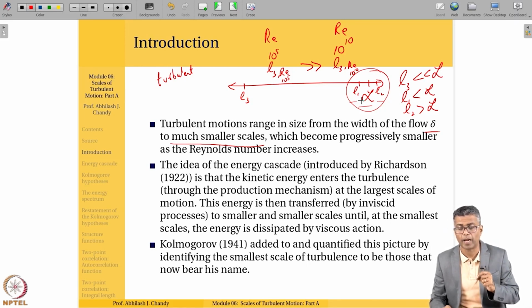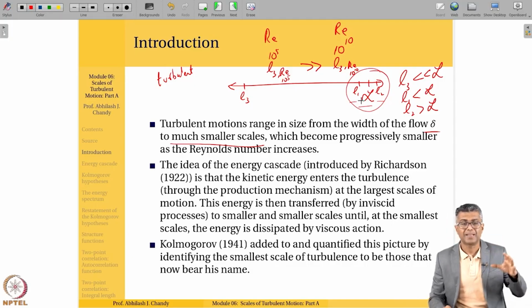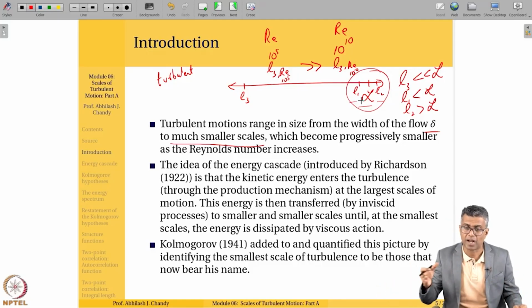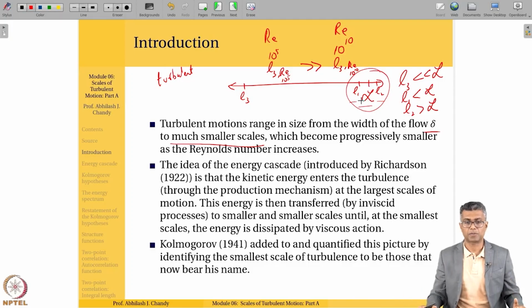And as a result, what happens? The energy gets transferred from the large scales to small scales, which break up into further smaller scales, and the energy keeps transferring from the large scales to the smaller scales. This is called the energy cascade.